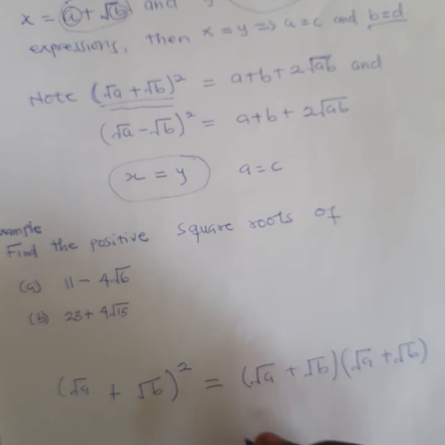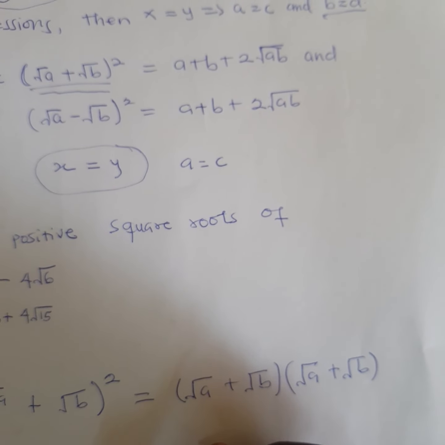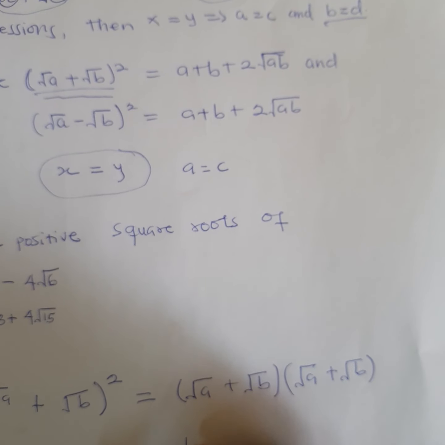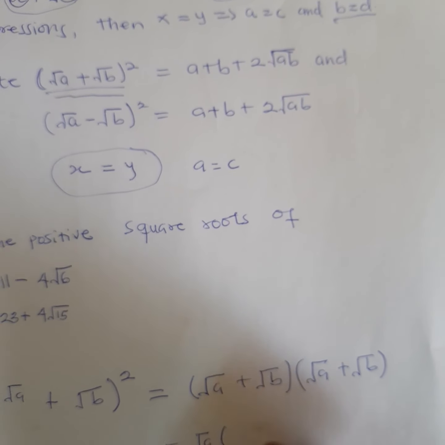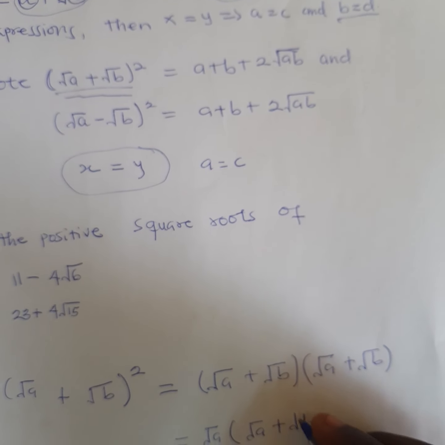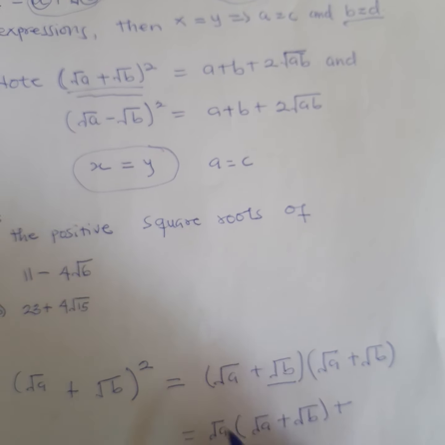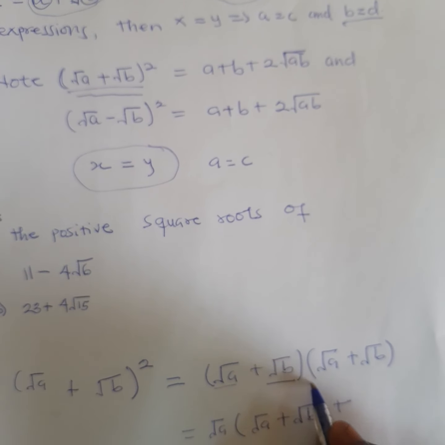Now, if you expand this bracket, you are going to get root of a multiplied by root of a plus root of b, plus you take this term. First, you take this term, multiply it by the second bracket.